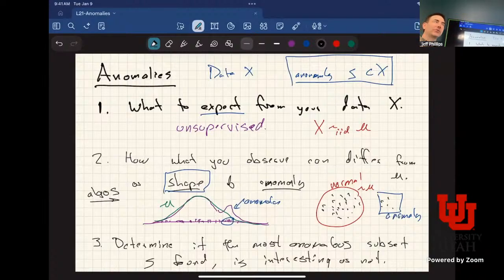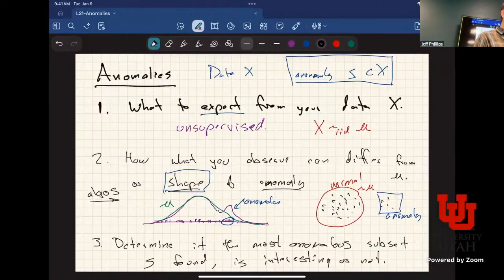Was that actually unexpected or not? This was the most unexpected subset. That's always true, but it doesn't mean that it's actually likely to be an unexpected subset of the data. So we need to quantify, was this unusual or interesting or not? That's the last part here.